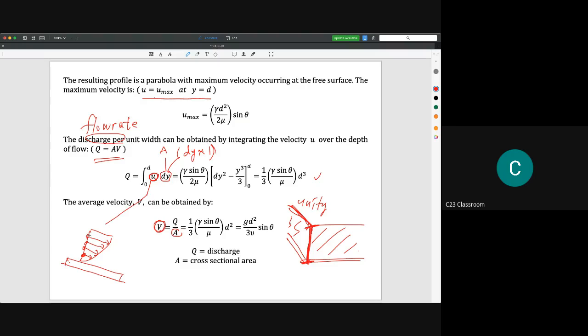We have a plane here, so u for each location of y can be determined by using the equation of u(y). But for this capital V here, it's actually the average velocity. To ease our calculation, we neglect the velocity distribution here. We try to convert this velocity distribution into an ideal velocity, meaning all the velocity is actually the same. So this is the idea, or the physical meaning, of the average velocity.